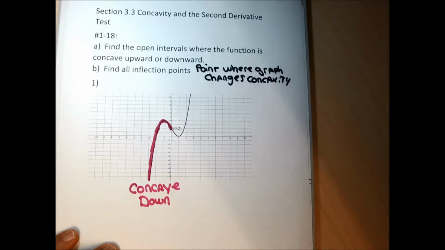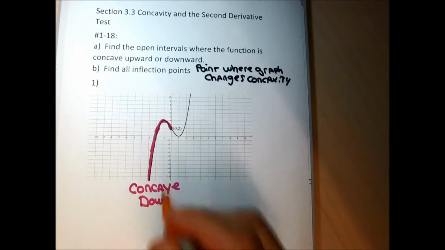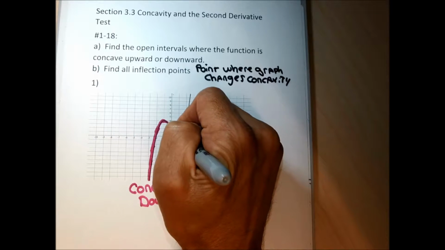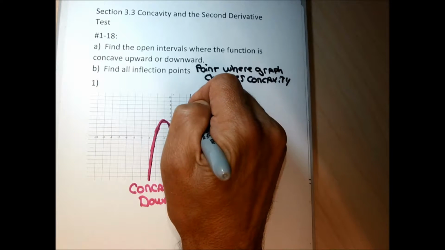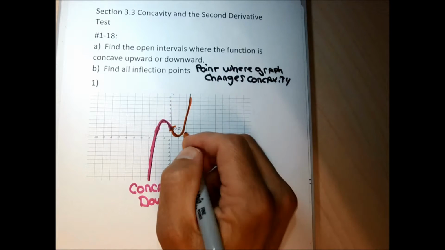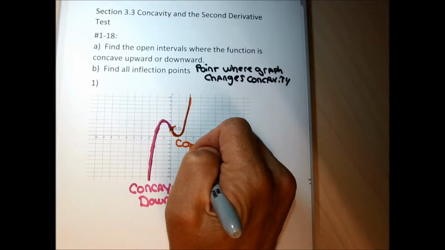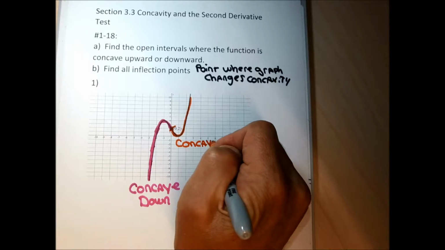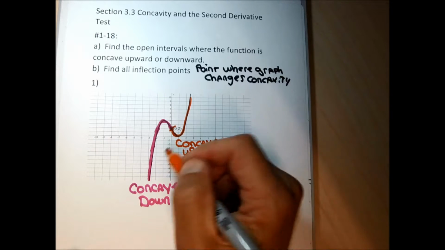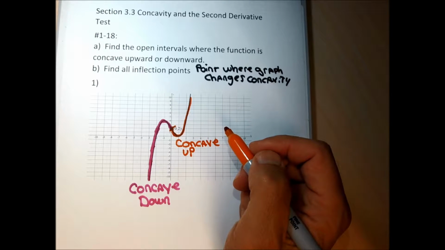And then after the point 0,2, it starts being bent the other way, and it kind of flips over. And now it's going to catch water as opposed to water is going to run off. And right there is going to be the inflection point. So this region that I wrote in orange is supposed to be the region that the graph is concave up, and the region that I did in pink is supposed to be concave down.